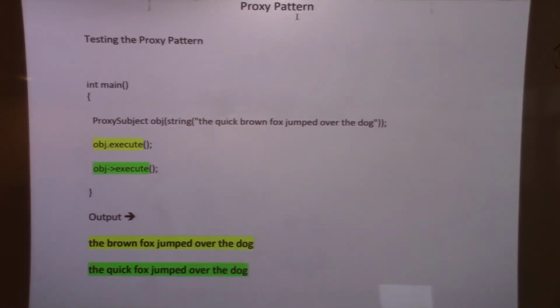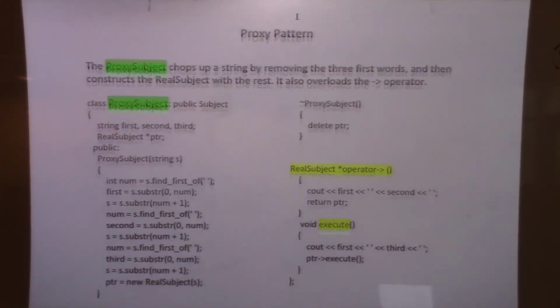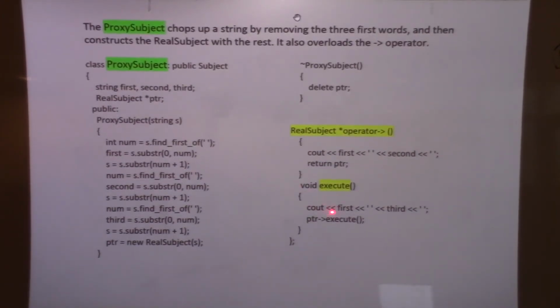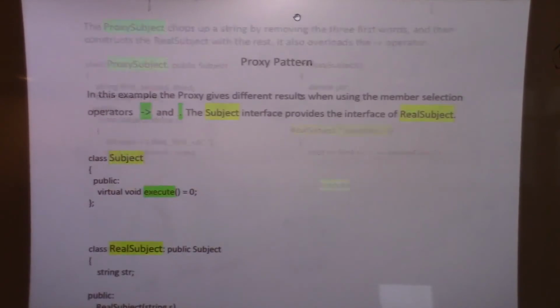So when I execute, what happens? It's going to output the first and the third. What's first and third? First and third is the first word and the third word, which have already been taken out. And then it says ptr execute, which means it's going to the real subject and calling the real subject execute method, which is outputting the string.